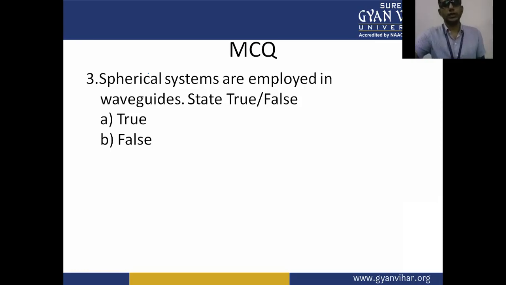We have already discussed in the last lecture that the cylindrical coordinate system is generally used in the waveguide. That is the cylindrical waveguide. In this question, we ask whether spherical systems are employed in the waveguide.